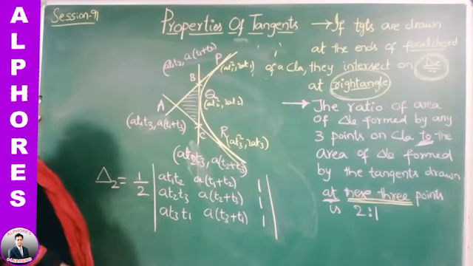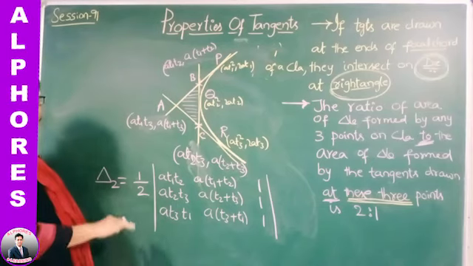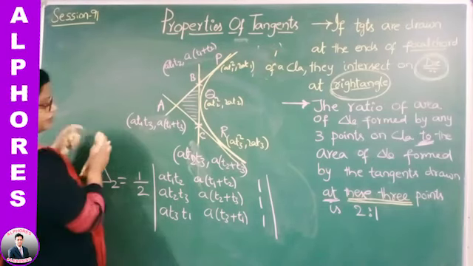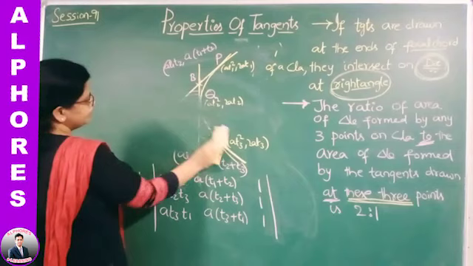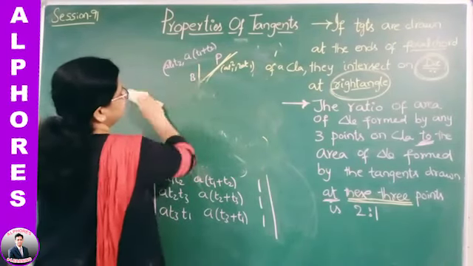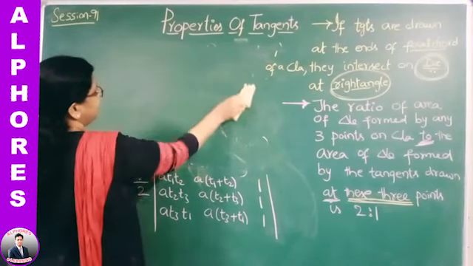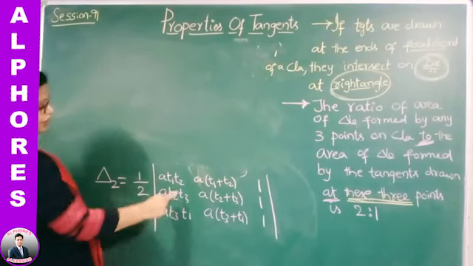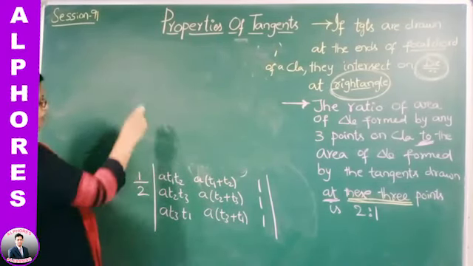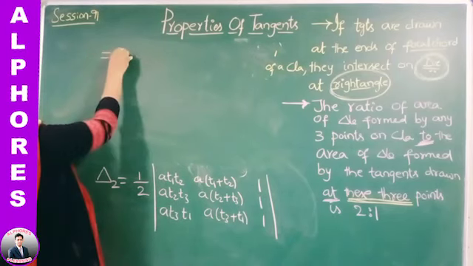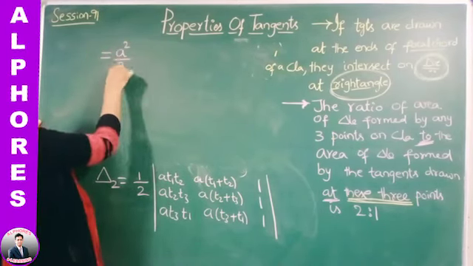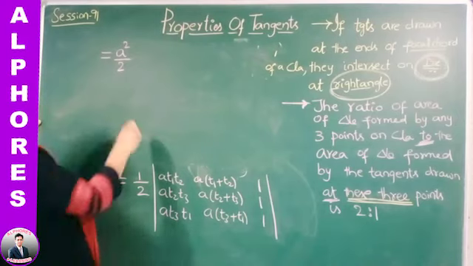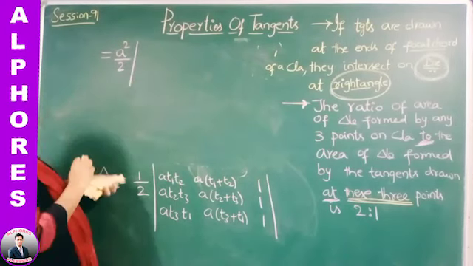Then again, evaluation is just like the concept of determinants. So from the first column, students, how much can we take common? From the first column you can take a as common, and from the second column take another a common, thereby a square value will come outside. So this is equal to a square divided by 2, and it is a determinant inside.